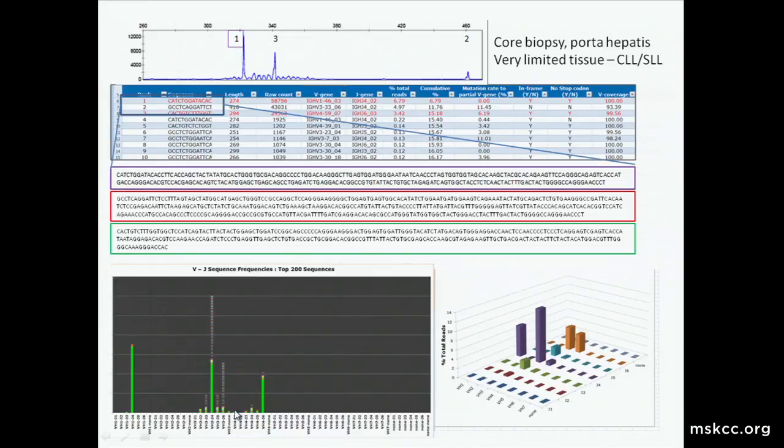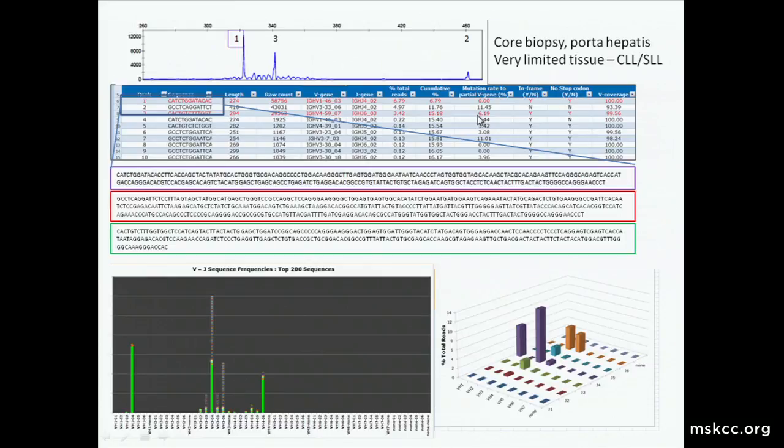So this, for example, is a CLL sample that has 3 completely different clones, so it's one disease, but 3 completely different clones that have different sequences, that have different somatic hypermutation rates. One of the clones, which is the major clone, which is right here, is unmutated. However, the other clones are hypermutated.